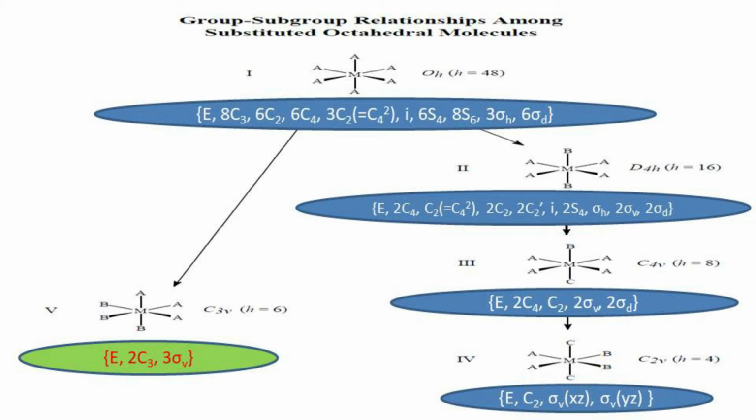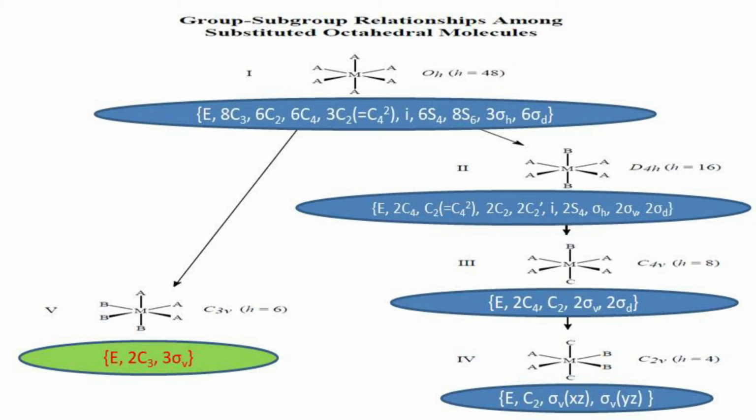Similarly, one more example I give to you. Compare structure number 1 with structure number 4. In structure number 4, C3 operations are not there, but C2 operations and vertical planes are part and parcel. So in structure number 4, whichever C2 and vertical planes are there, they are there in other terms in structure number 1. Therefore, structure number 4 is a subgroup of structure number 1.